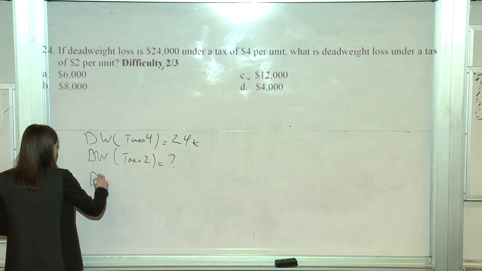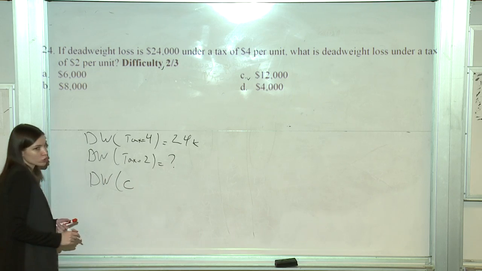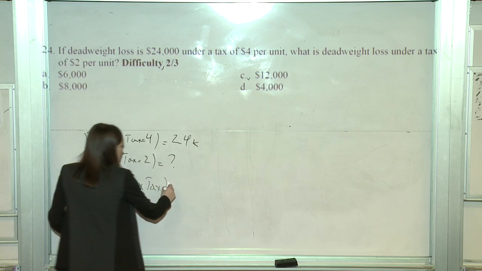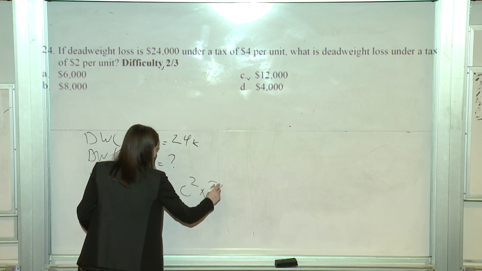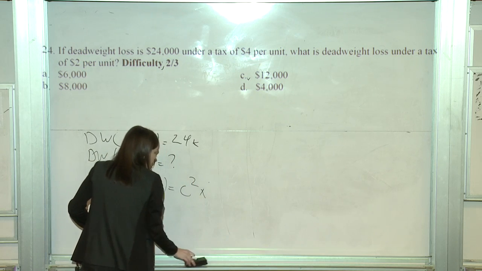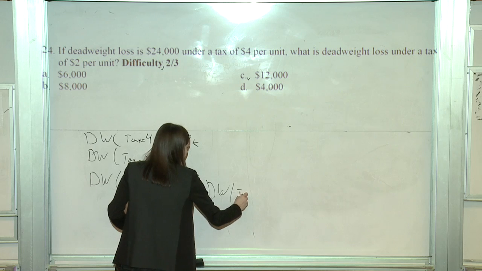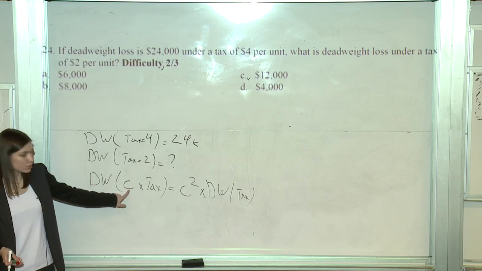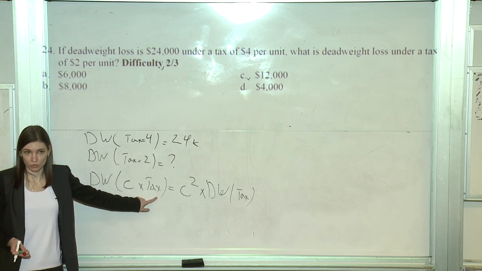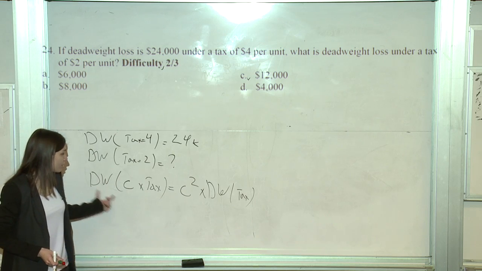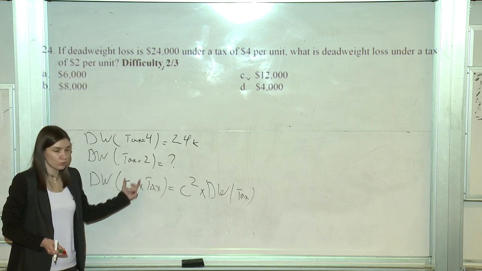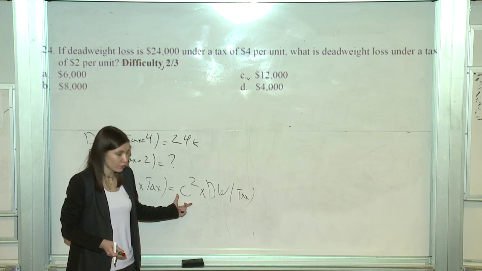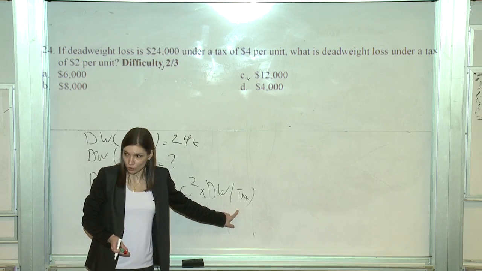The deadweight loss at any constant C times the tax is equal to C squared times the deadweight loss at that tax.